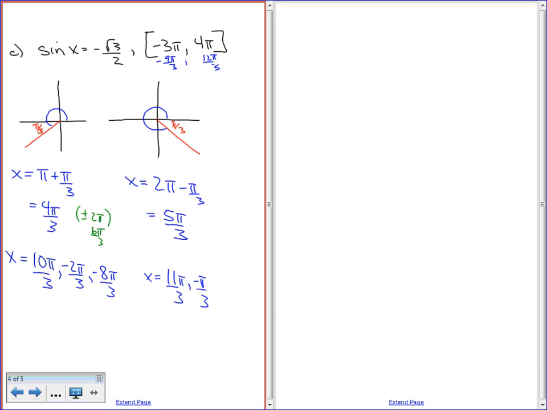And if I subtract off again, I'd get negative 7π over 3. And if I subtract off again, I'm going to be outside of my interval. So there are 1, 2, 3, 4, 5, 6, 7, 8 angles inside of this interval that would give me a sine ratio of negative root 3 over 2.